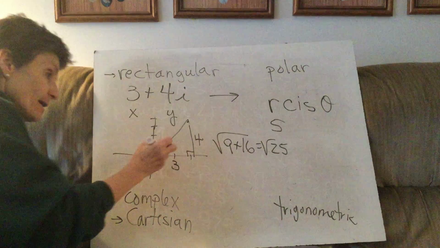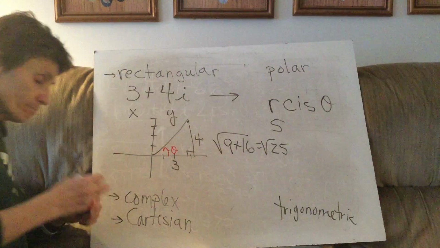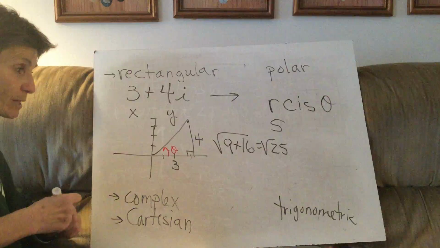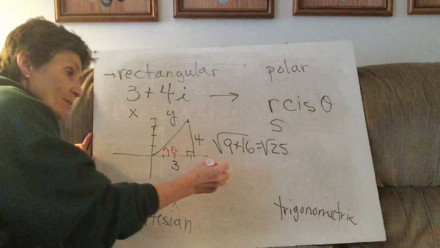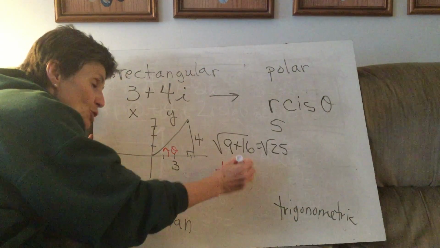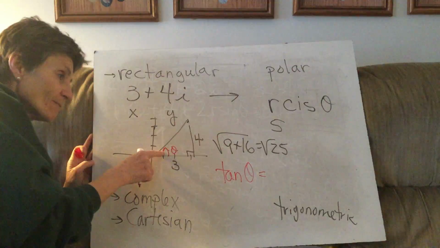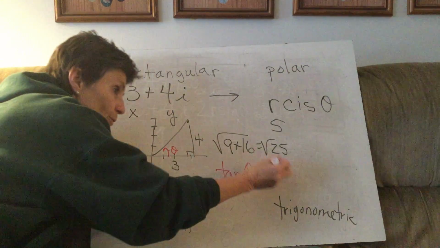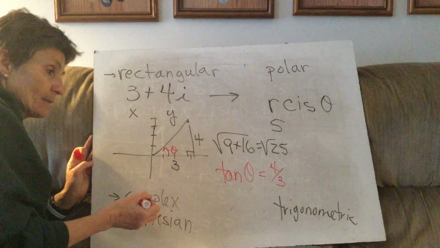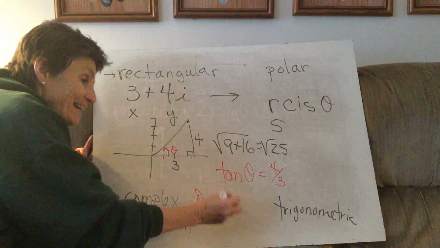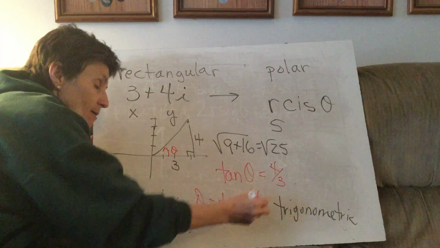This is theta. And if you recall, we found theta by recognizing that the tangent of theta, the tangent of that angle, is 4 over 3. And then we took the inverse tangent of 4 over 3.